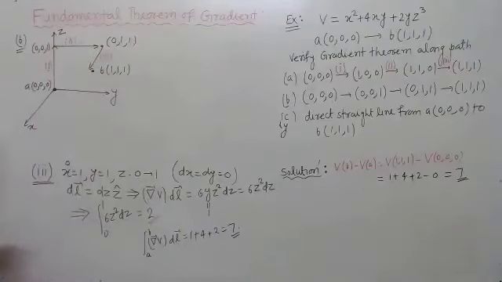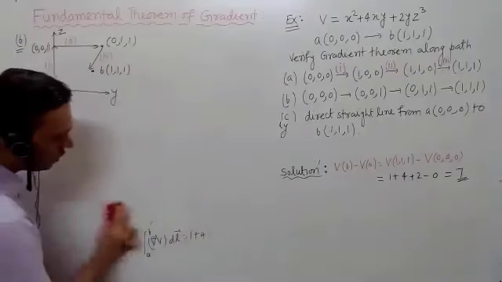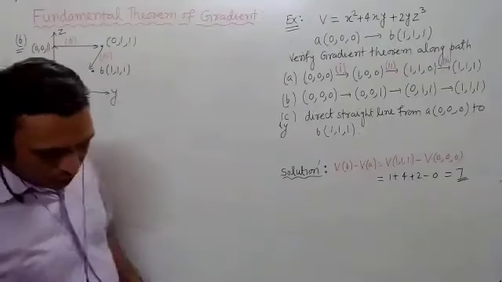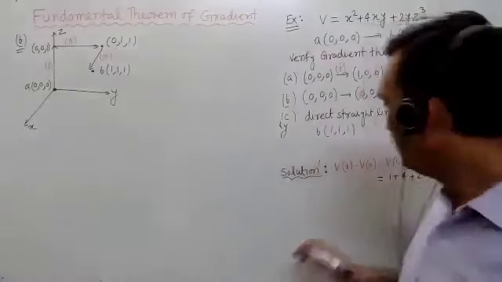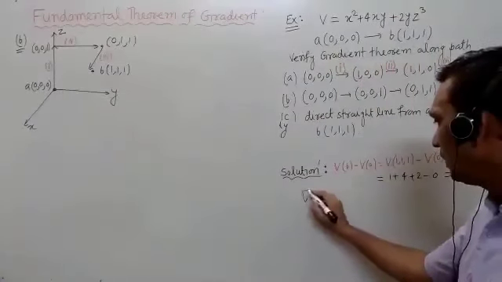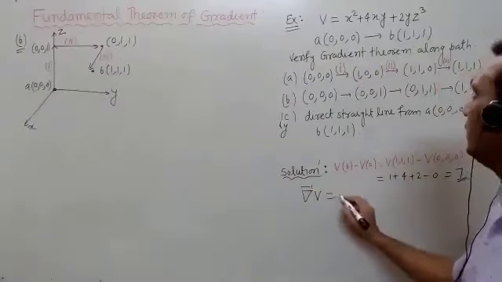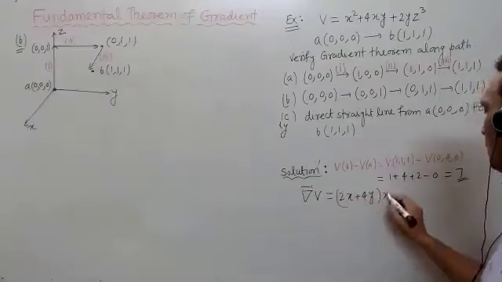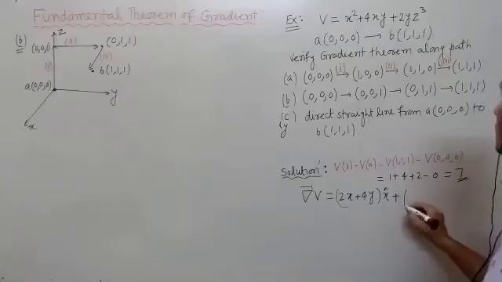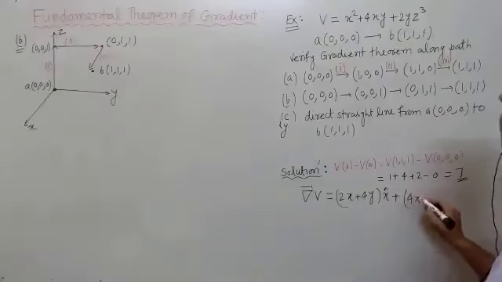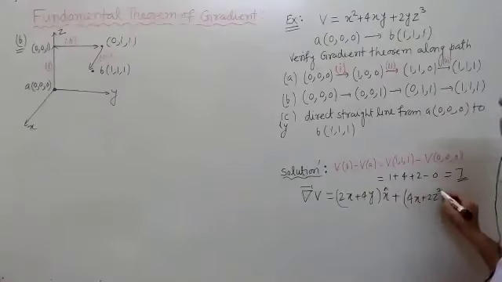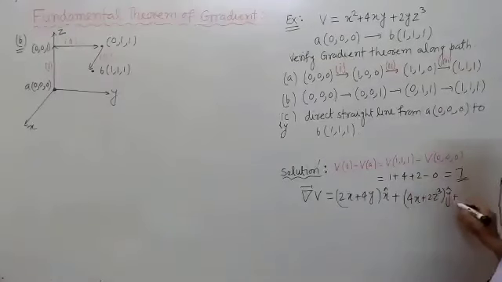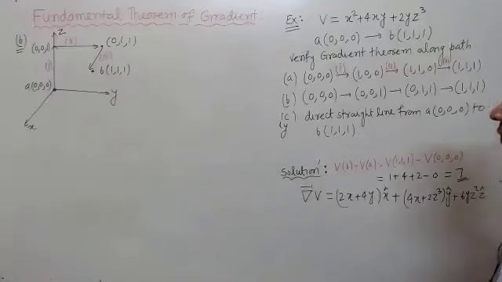Again along these 3 segments you have to find the line integral, gradient V dot dl. I have already calculated gradient V, that is twice x plus 4y x cap plus 4x plus twice z cube y cap and plus 6y z square z cap.